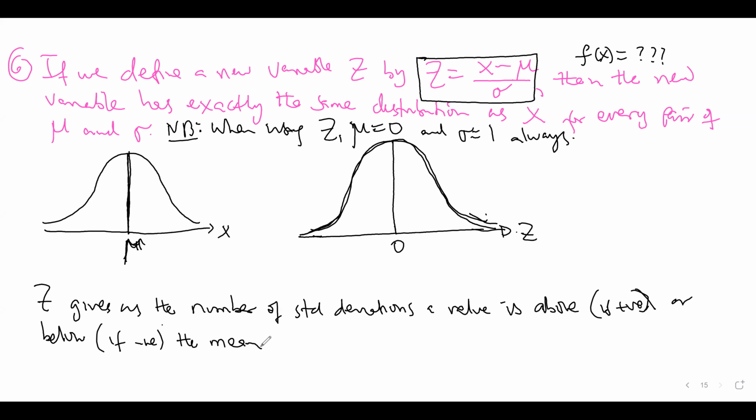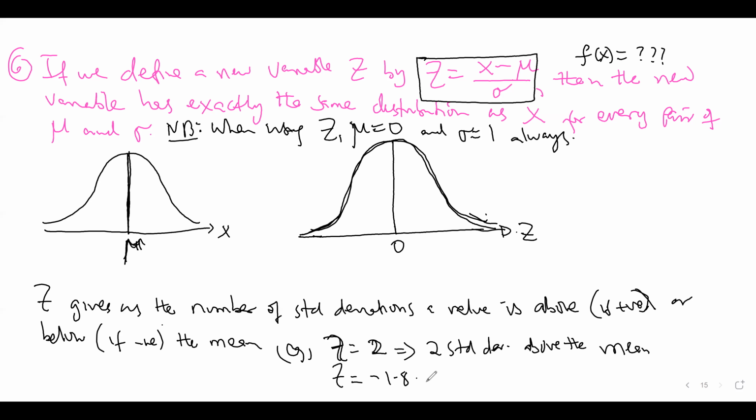For example, if z is equal to 2, this means 2 standard deviations above the mean. If you have z is minus 1.8, it means that you have 1.8 standard deviations below the mean.